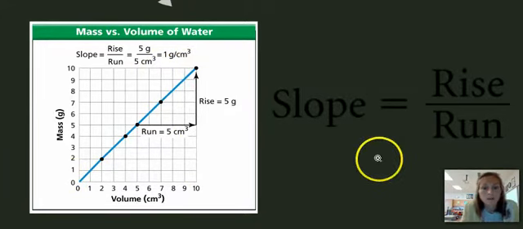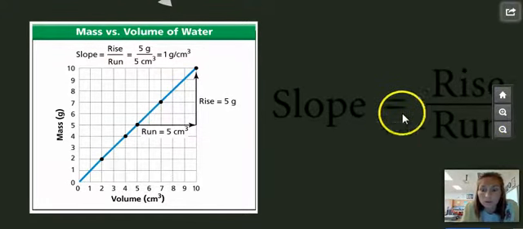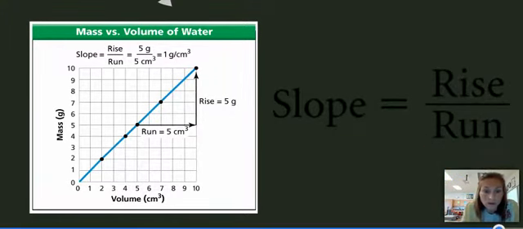Now another thing this graph is pointing out is how to get slope. We will start working with the slope equation, not as much this semester, but definitely second semester. And so it's good to know that slope is the rise over the run, which is really just taking your y values over your x values between 2 points.